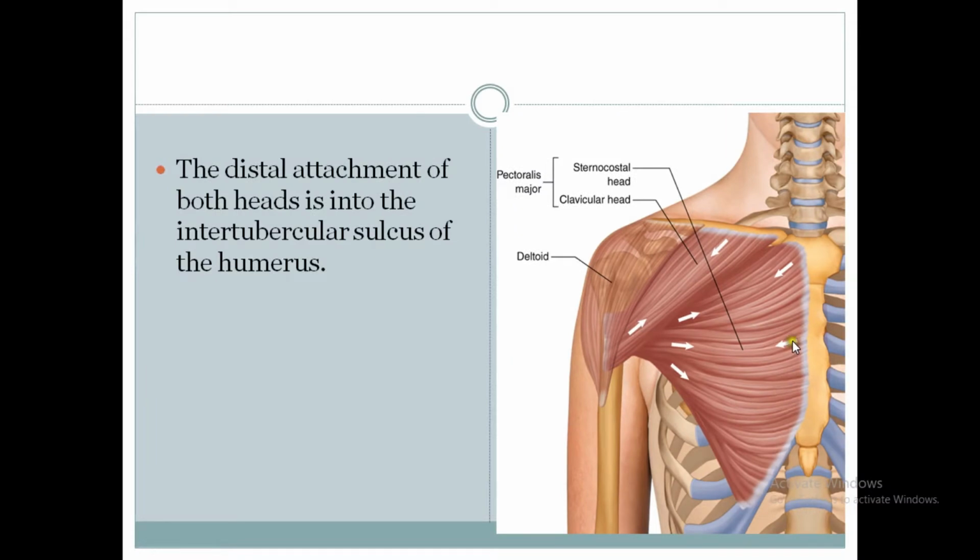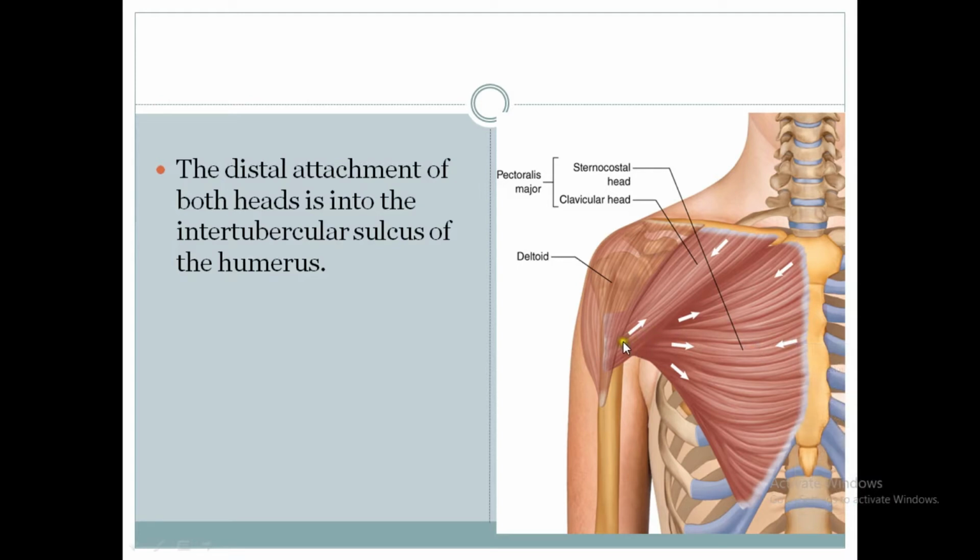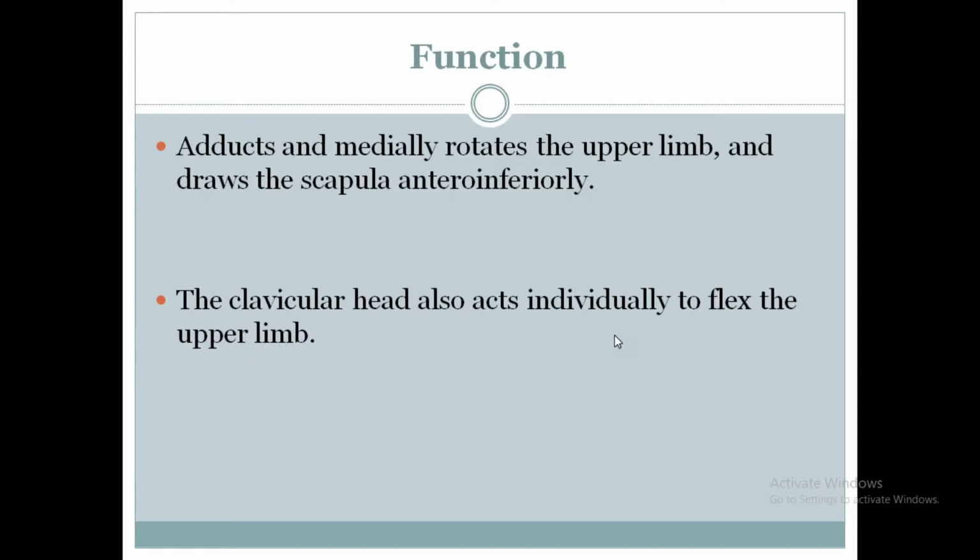Although the pectoralis major muscle originates from two different heads, that is the clavicle and the sternum, it gets inserted into the intertubercular sulcus of the humerus. This is the intertubercular sulcus of the humerus, where both the heads, that is the clavicular head and the sternocostal head, get inserted.